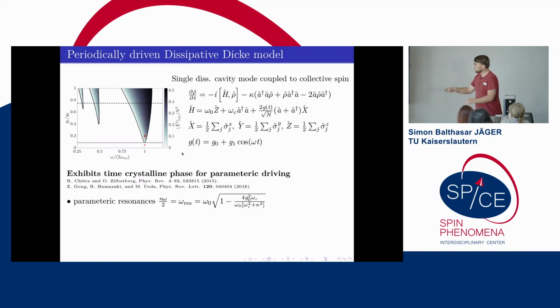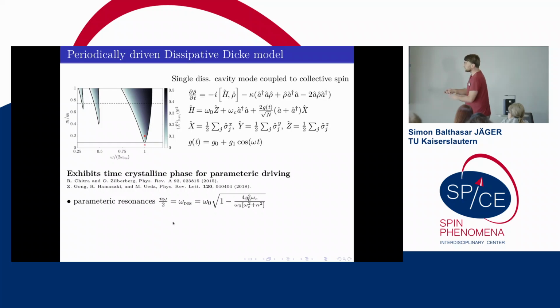And this resonance frequency is basically just given by the bare atomic frequency, so just if you have a non-interacting system. And then, because of the weak coupling of G0, it is slightly modified because you cannot completely separate light and matter anymore. So those are actually the dressed state resonances.